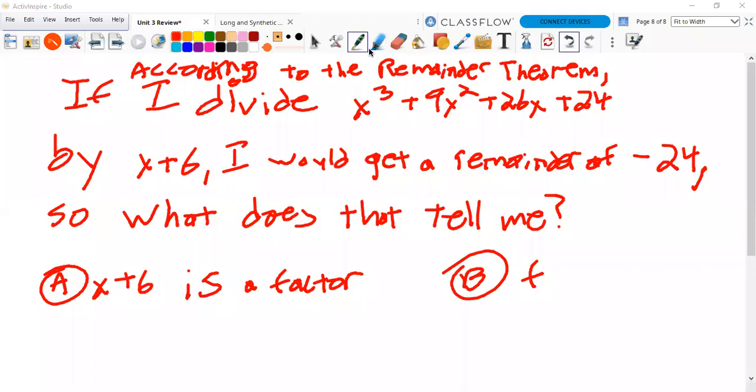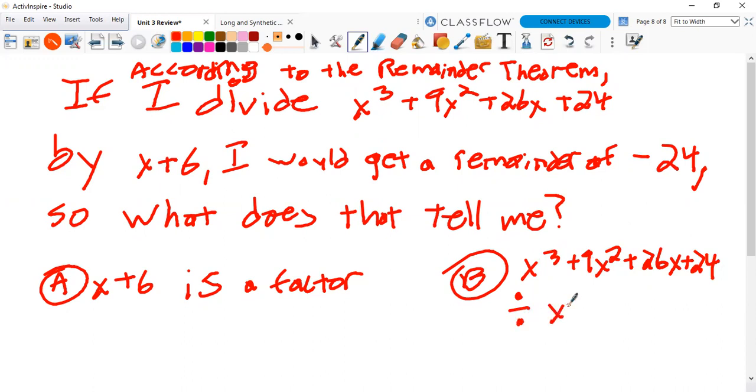So what it says for B is if I divided 26x plus 24 divided by x plus 6.